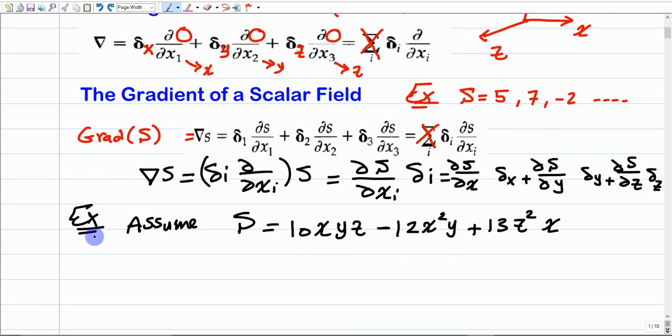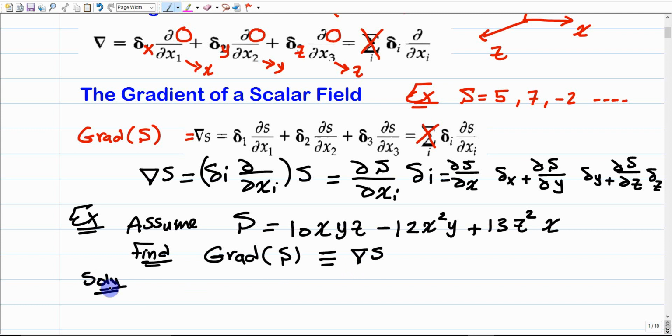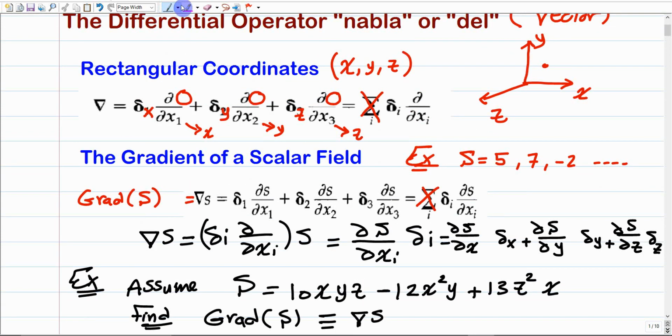And how about if we are required to find the grad? Grad stands for the gradient. The grad of S means that we are interested in figuring out the gradient of S, which is a scalar quantity. Okay, so to find this, let us repeat what we've done before.